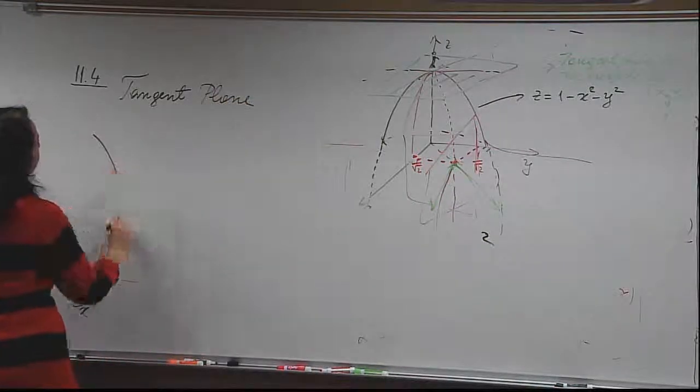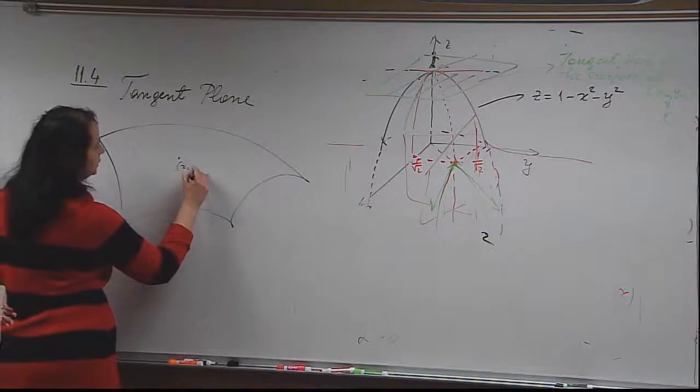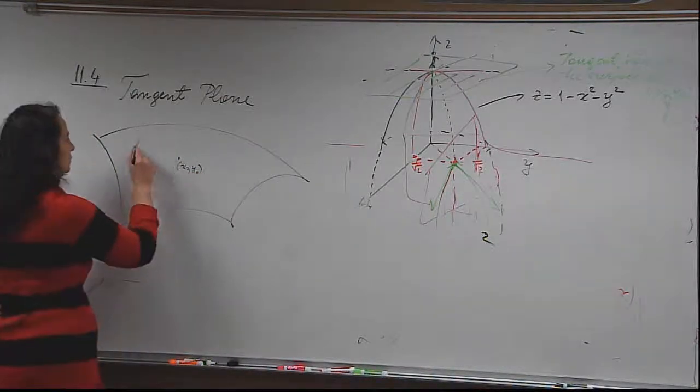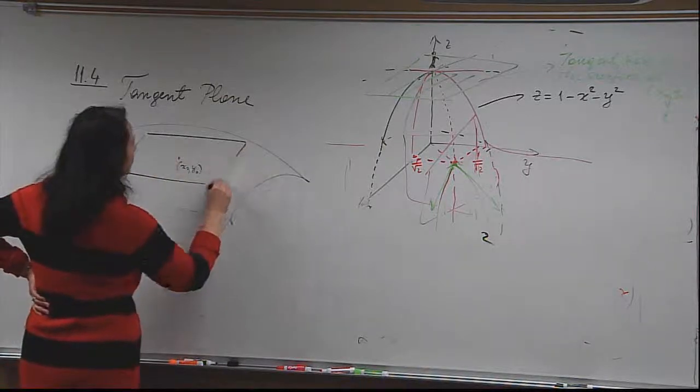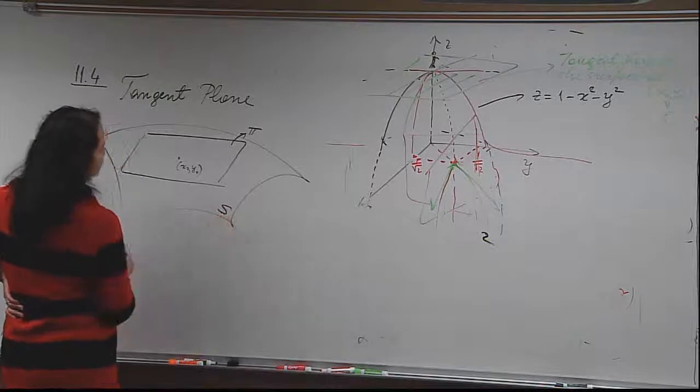So if you have a piece of a curve that's smooth, and you have a point x0, y0, can you find out the equation of the tangent plane? Pi, and this is S from surface.